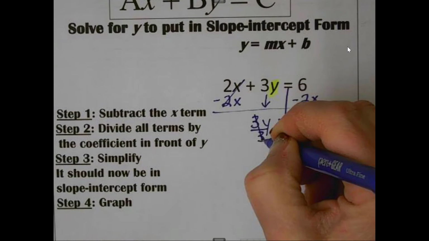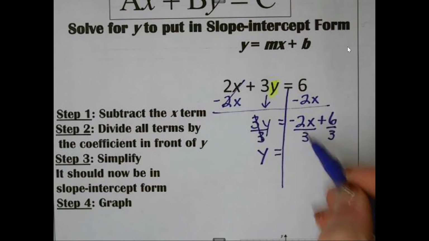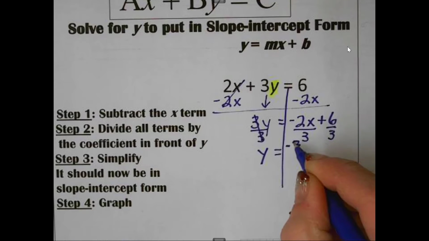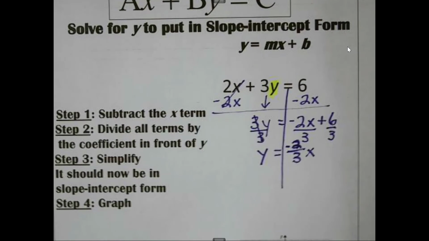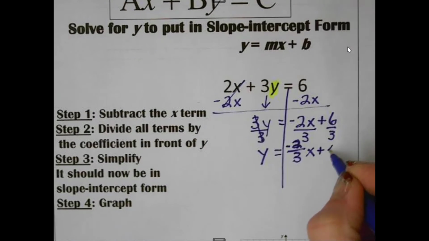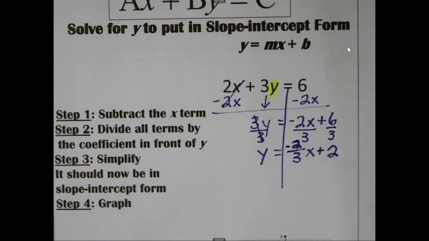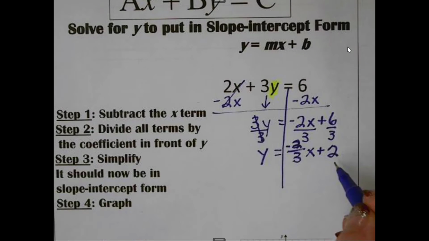This simplifies, and we're left with y equals negative 2/3 x, that's going to be our slope. I'm writing it in front because that lets me know how to get the other point. And then 6 divided by 3 simplifies to 2. Voila! It is now in slope-intercept form, and we know how to graph those.